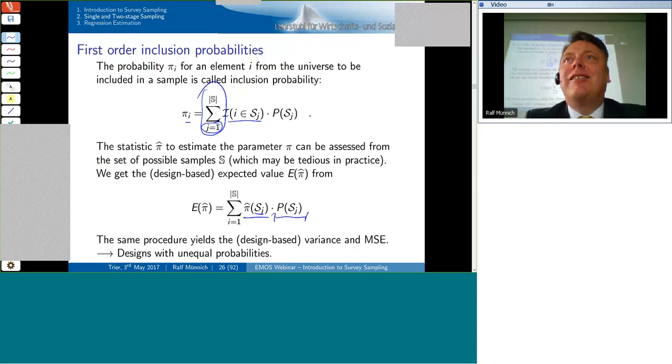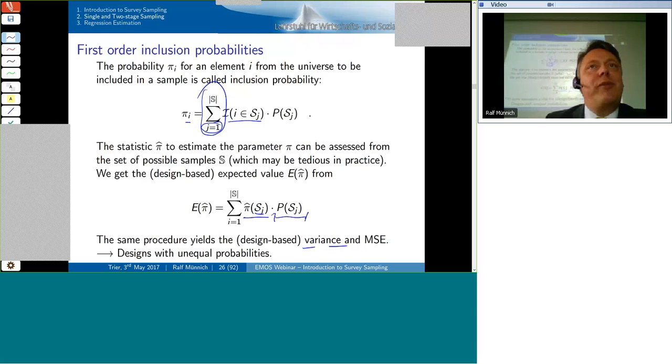So it's similar somehow to the classical random variable concept, but certainly here it reads differently because we are in a finite context. That's very important to understand. In a very similar way, you can define the design variance, like with a variance formula, or the mean squared error, or whatever. And amazingly, this holds for all designs.